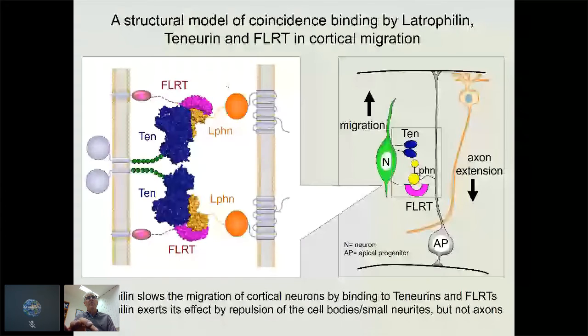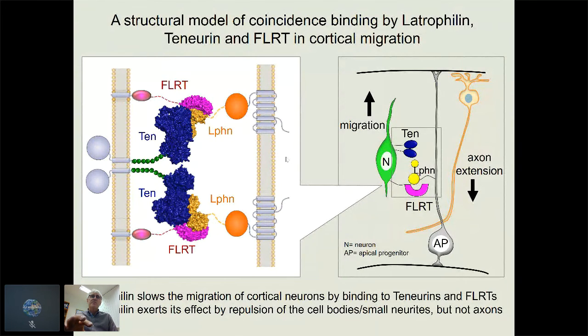So here is how we envisage the three proteins to engage, similar to what Tom Südhof showed in the synapses. We believe that flirts and Teneurins are expressed in one cell, and they are engaging a Latrophilin in an opposing cell. This could be a radial glia fiber, but it could also be another neuron because Latrophilin is not only expressed in radial glia, but also in migrating neurons.